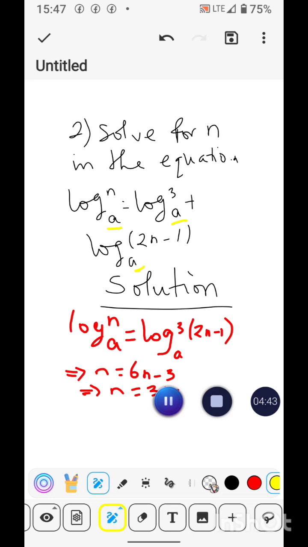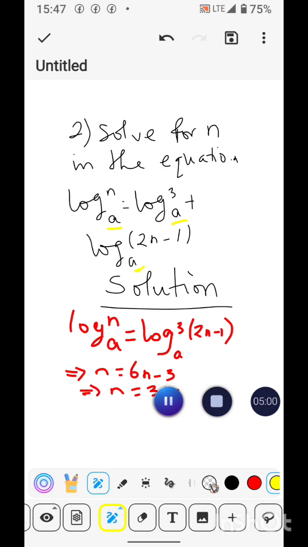Now, what is separating here? We have log 3 base a plus, and the bases being the same, it means it will be log 3 into 2n minus 1, all that to the base a.